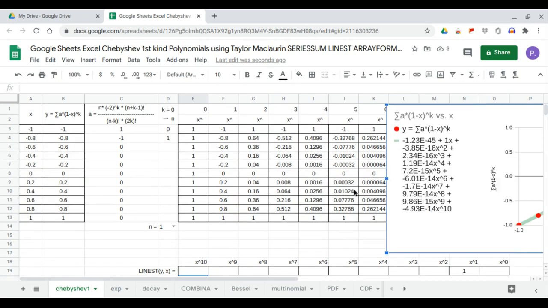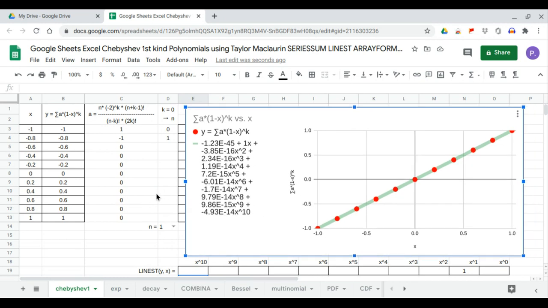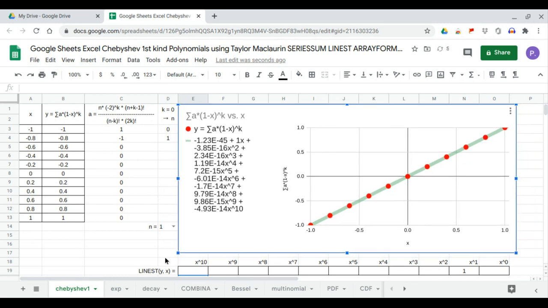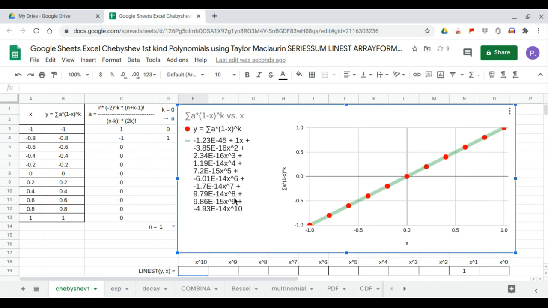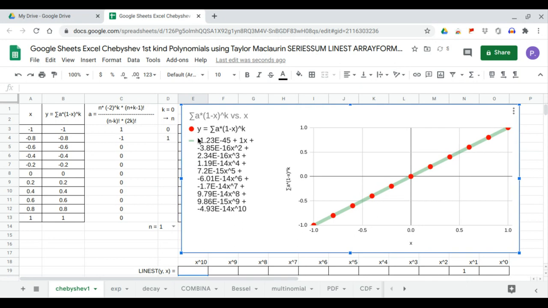So at n equals 1, here we have the Chebyshev first kind polynomial y at n equals 1. This is equal to 1x.